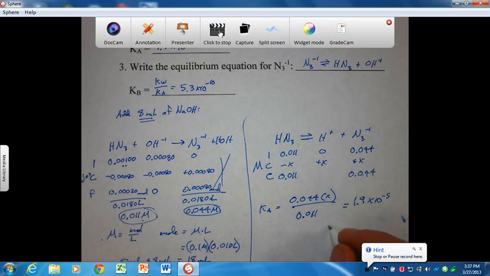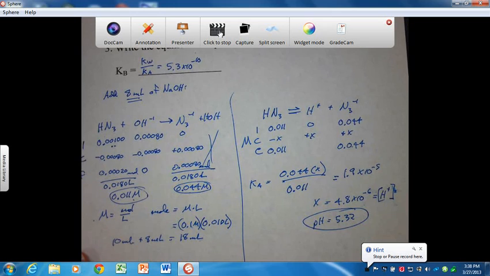And X is equal to, let me grab my calculator, 4.8 times 10 to the minus 6. That represents the hydrogen ion molarity, and so by taking the negative log of that, I can see that my pH is 5.32.